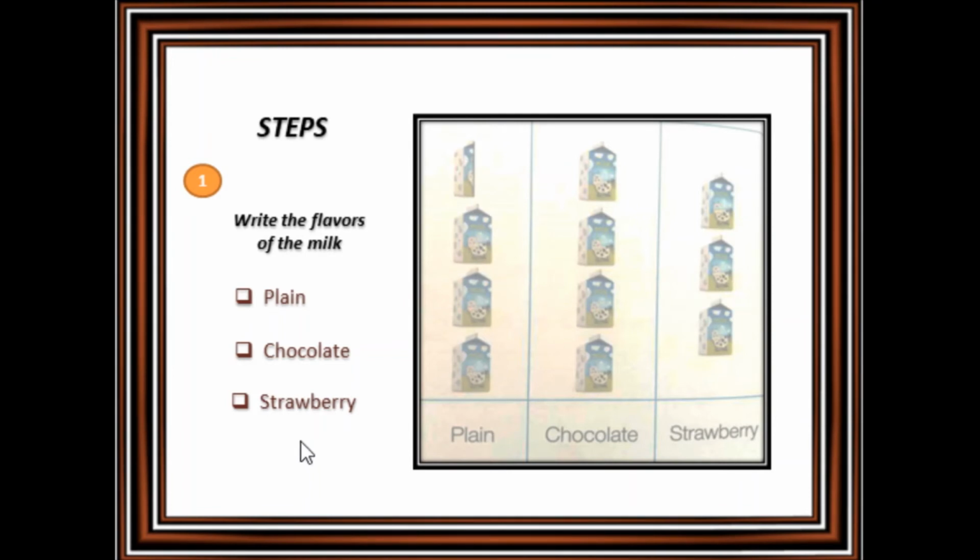When we write it on the table, we write it over here. 1, 2, 3. So, we have our first step. You have done writing the flavors of the milk already.